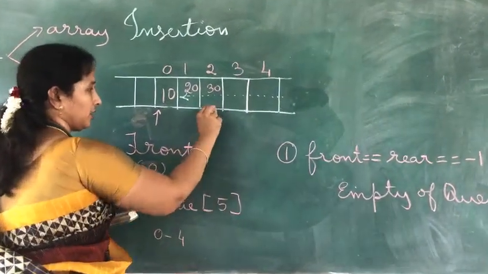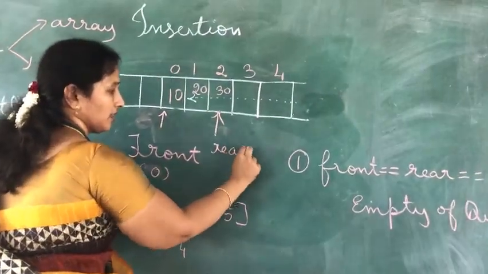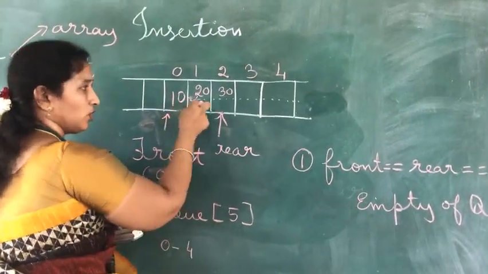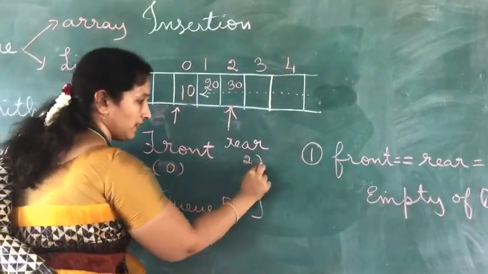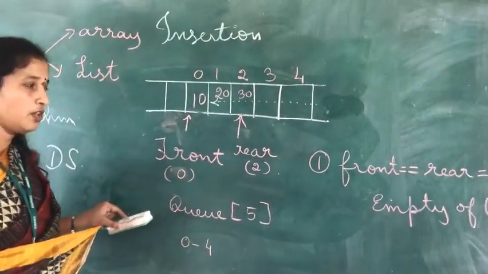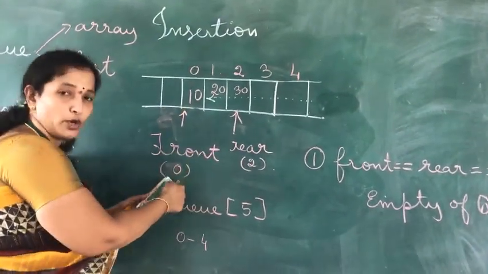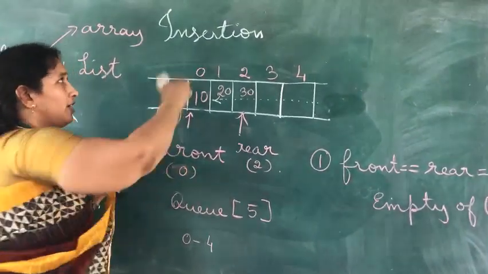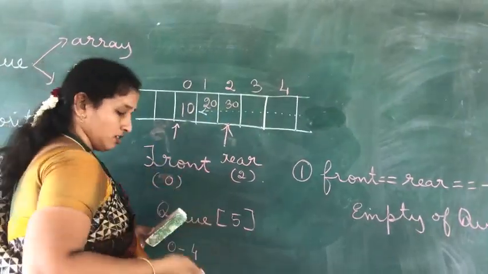This is my current Q. Rear is of 0, 1, 2. So totally you have here 2. So rear value is 2 and front pointer is pointing at 0.